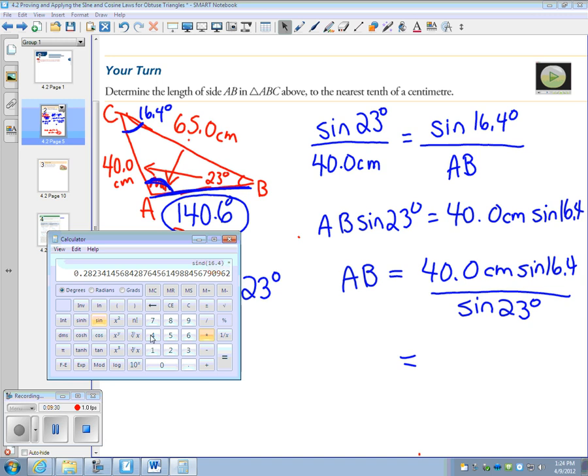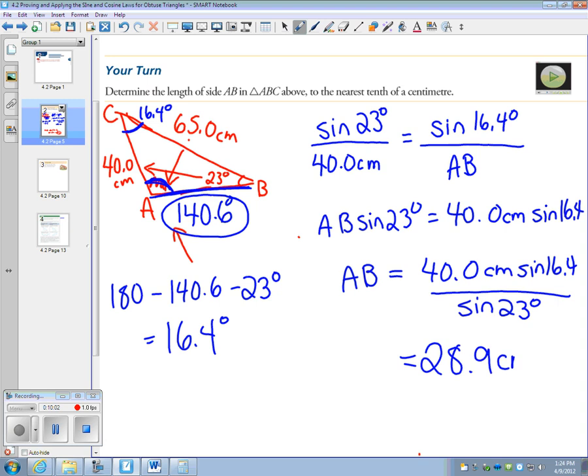I'm multiplying that by 40, and then I am dividing that by the sine of 23. So I need to do some brackets here, divided by sine bracket 23 bracket, equals. So I get 28.9.